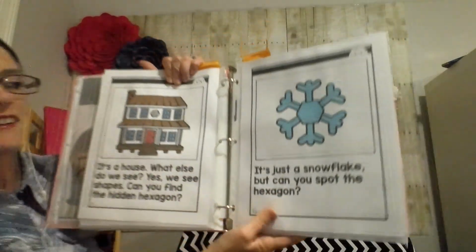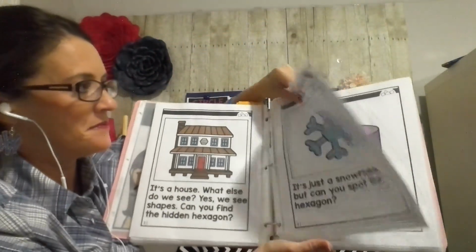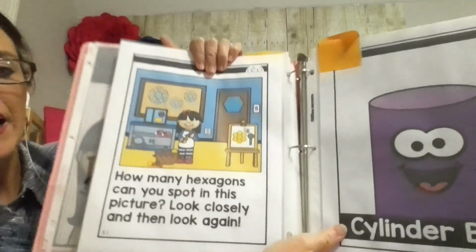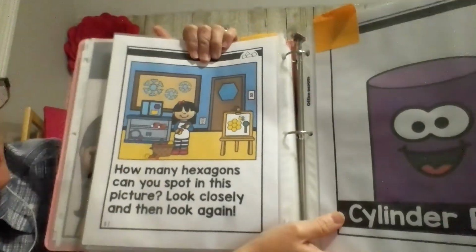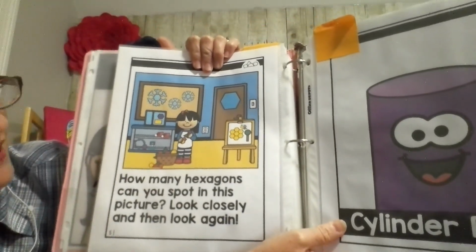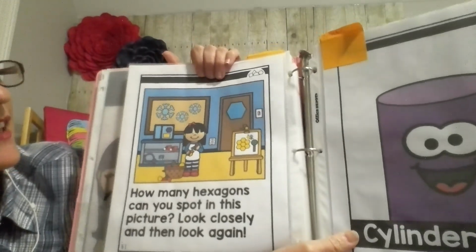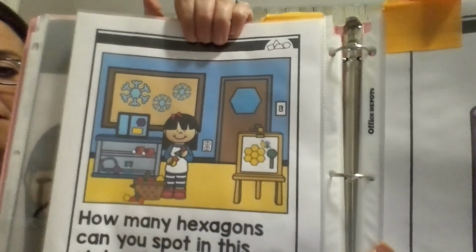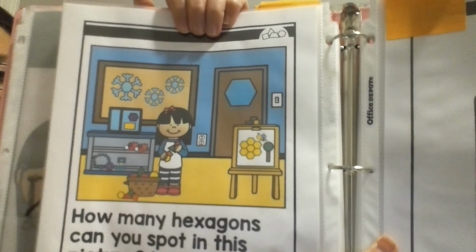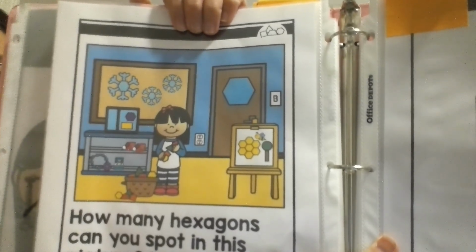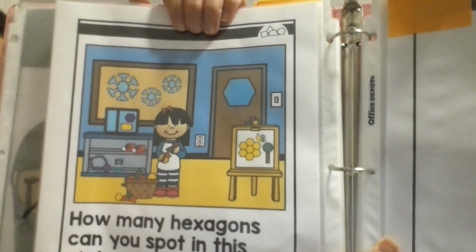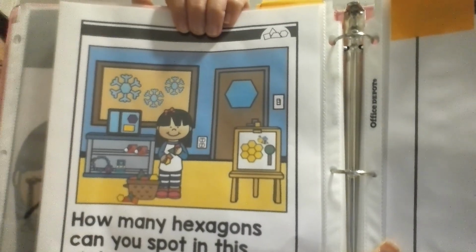I see it right there in the middle. How many hexagons can you spot in this picture? Look closely, then look again. Can you find any?